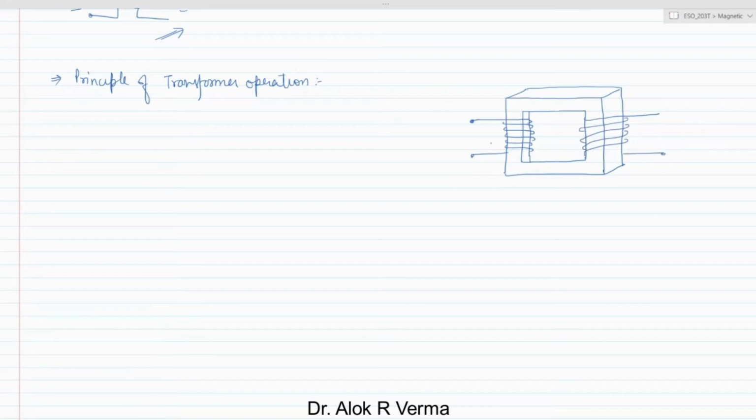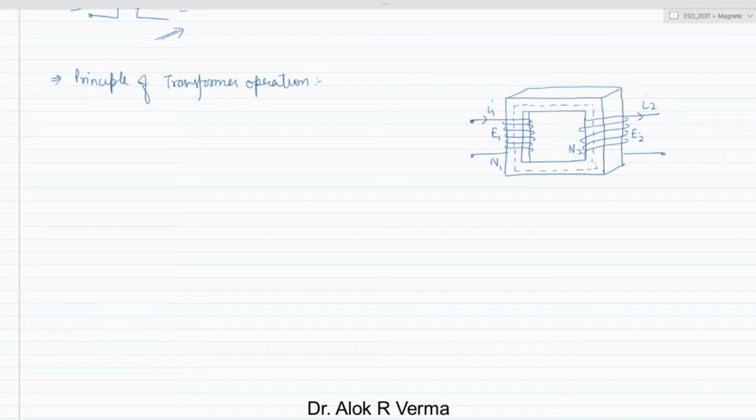So we assume that the voltage which is appearing across the winding is EMF induced, or we call it E1, and the current I1. Here it is E2, the current is leaving, I2. So do not get confused now with the direction of this number of turns. We can assume N1 and N2, and the flux which is flowing in this is limited to this core. Now we'll assume some condition.